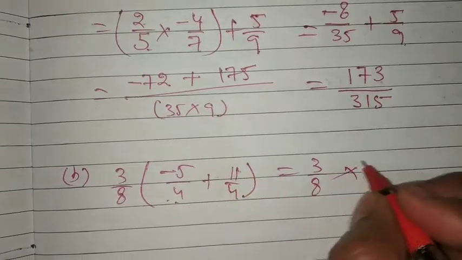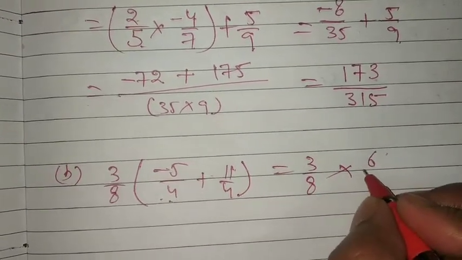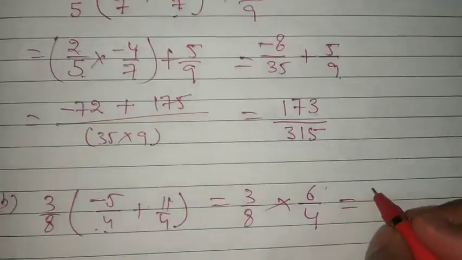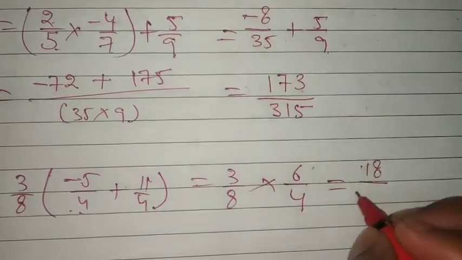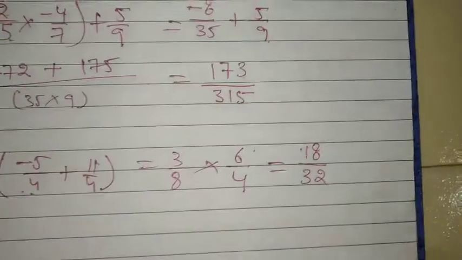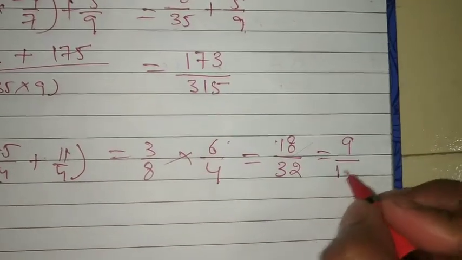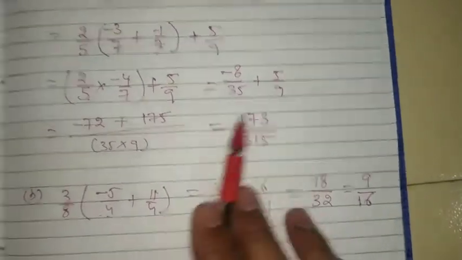Minus 5 plus 11 will be 6 by 4. Now here you will get 6 3s are 18 and 8 4s are 32, and on simplifying this will become 9 by 16. This is the answer for the first question.